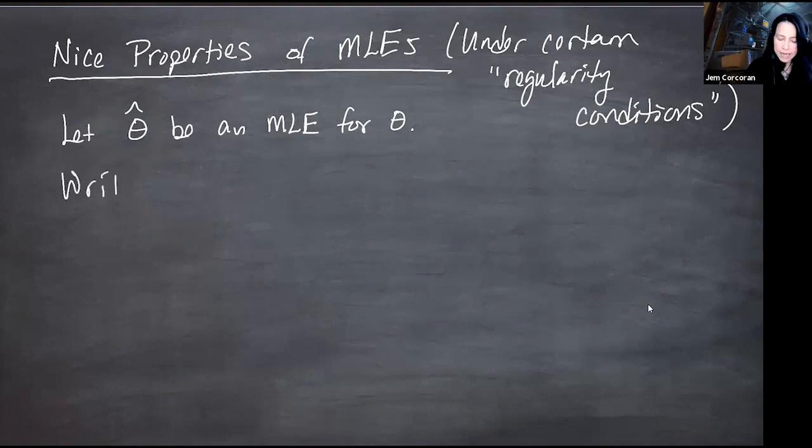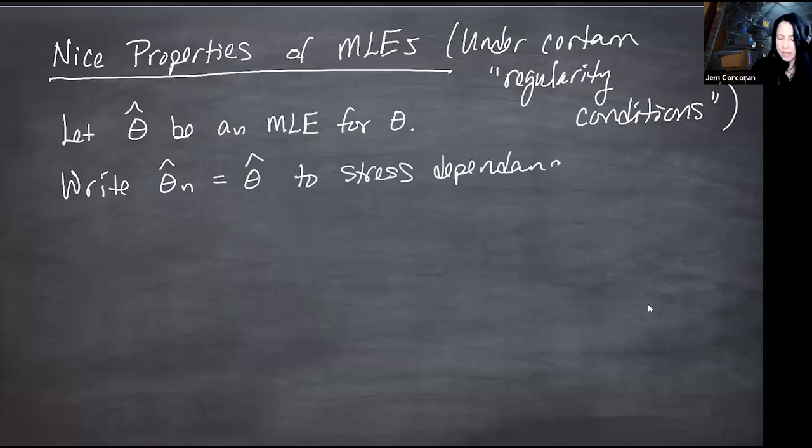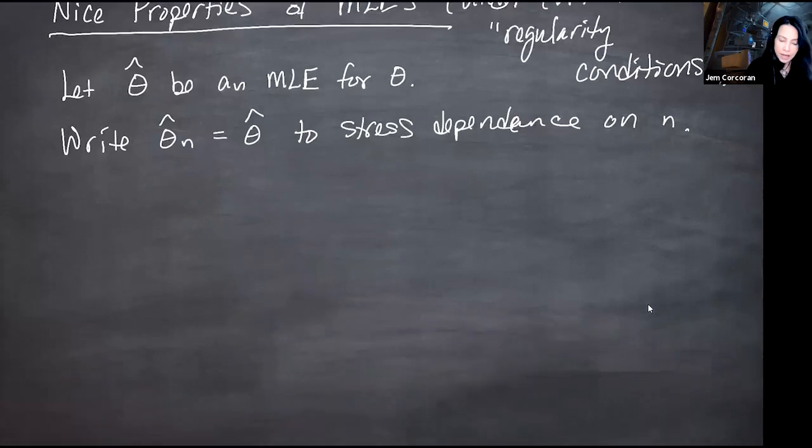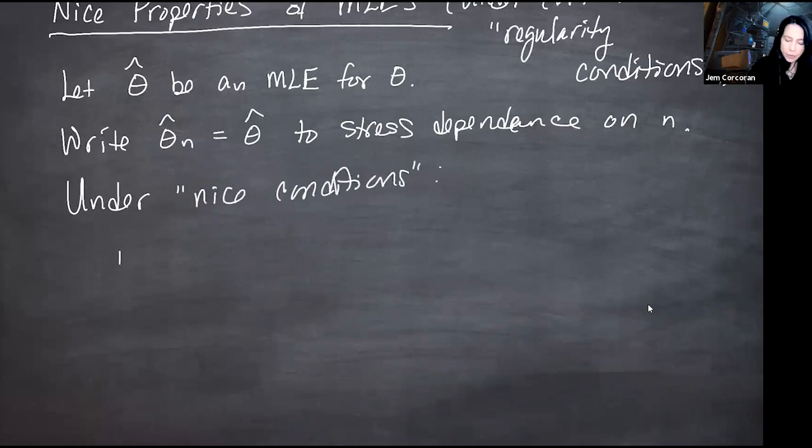And I may write theta hat n as theta n to really stress the dependence on n. So not, just a change of notation. Okay. So under the regularity conditions, under nice conditions, number one, the MLE exists and is unique.